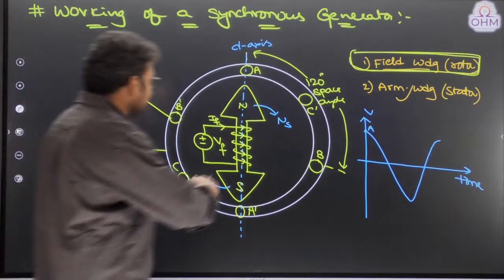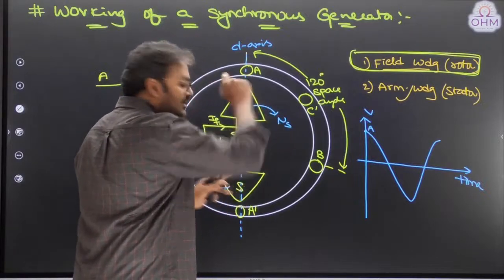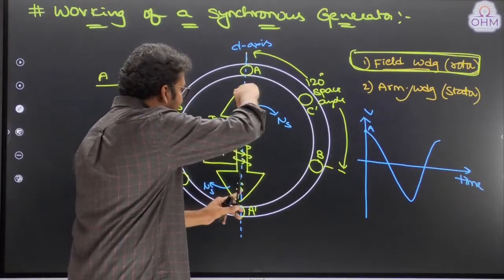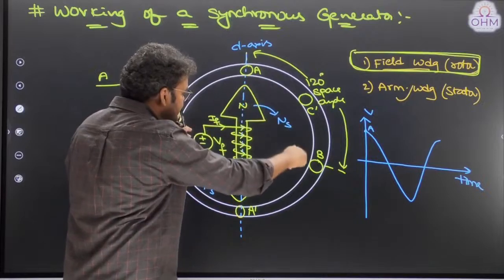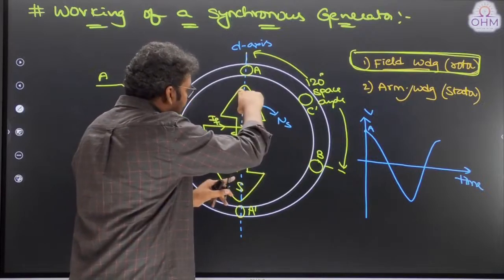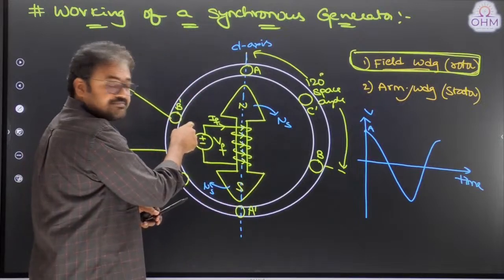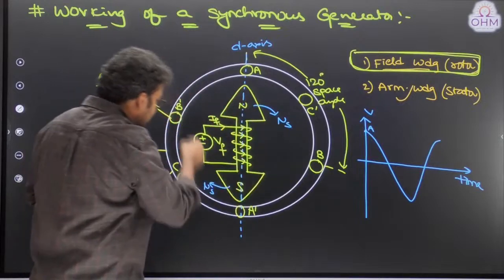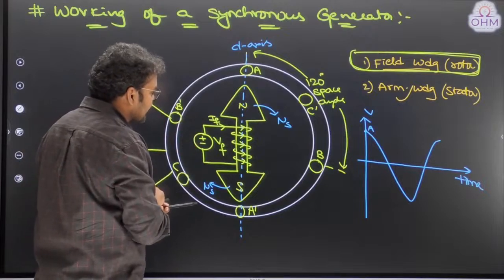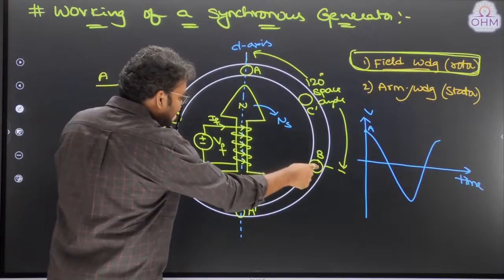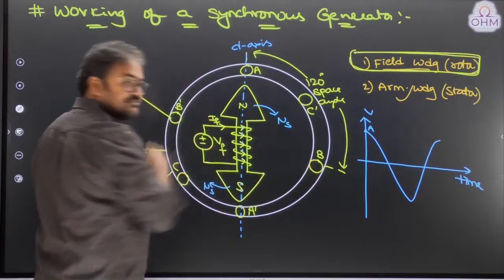Next, see this. The rotor is stationary or rotating? Rotating in nature. So if you rotate this rotor exactly 120 degrees, this north pole will come to this location and south pole will come to this location. When north is here, south is here, you can easily understand now phase B winding is under the direct axis.